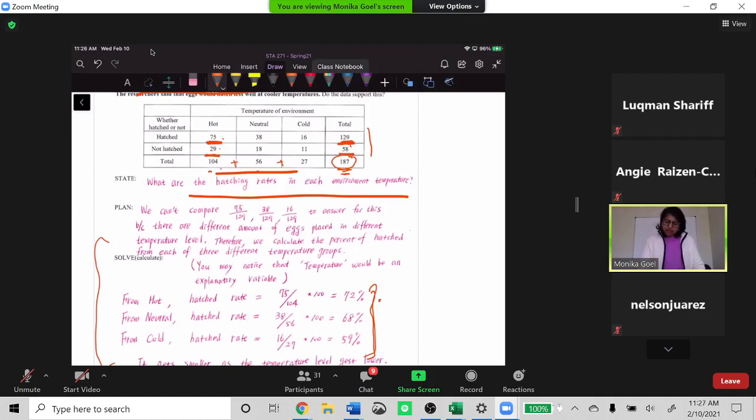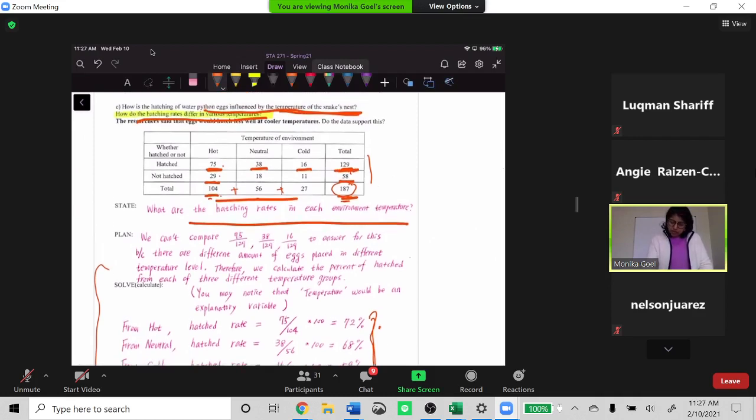And similarly, can we keep on talking about 104 divided by 187? Or we can say like 38 divided by 129, 69 divided by 129. If I'm looking for this one, what are the hatching rates in each environment temperature? So hatching rate for hot is this, total is this, neutral is this, total is this, cold is this.